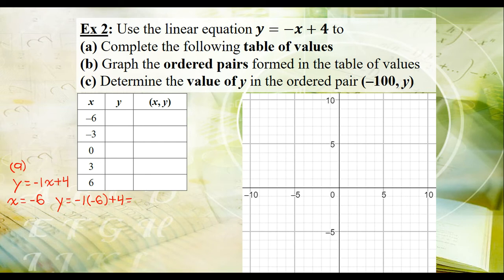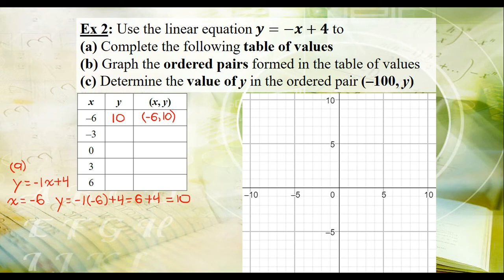Negative times a negative is a positive, so that would be 6 plus 4, and that would be equal to 10. Okay, if we write the ordered pair down, it would be negative 6, comma 10.